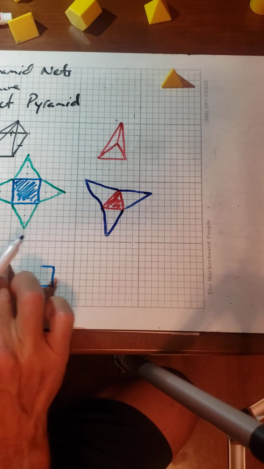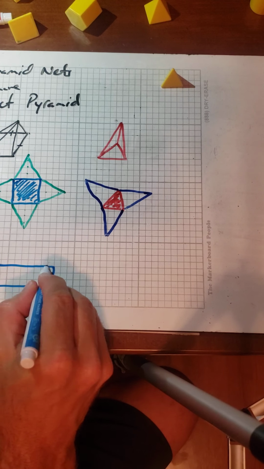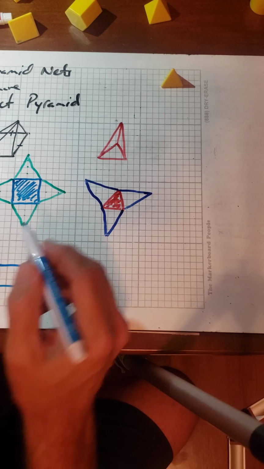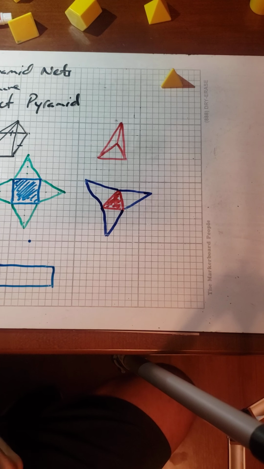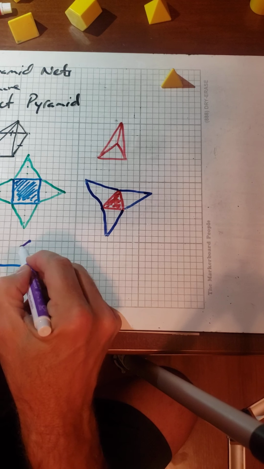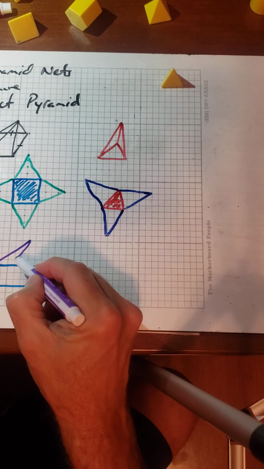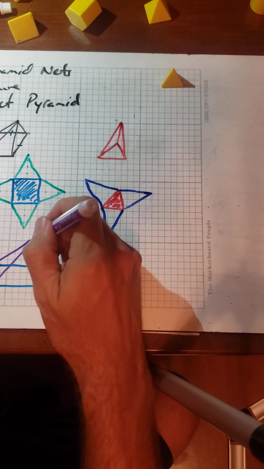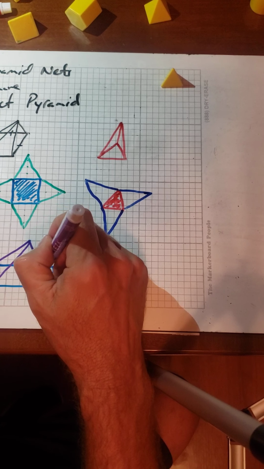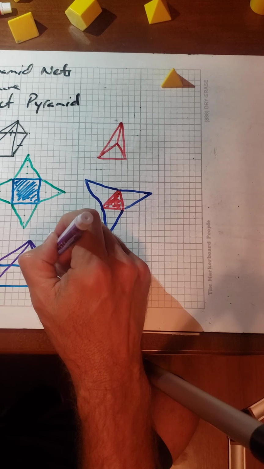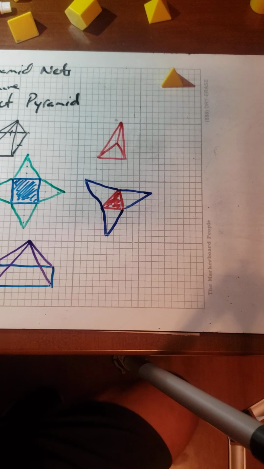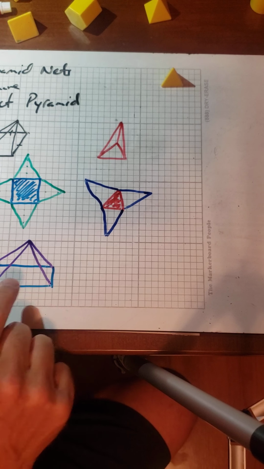Okay, so clearly this one is not a square. And then I put my point there, and I'll make these ones be purple. Okay, so there we go. So that is my pyramid.